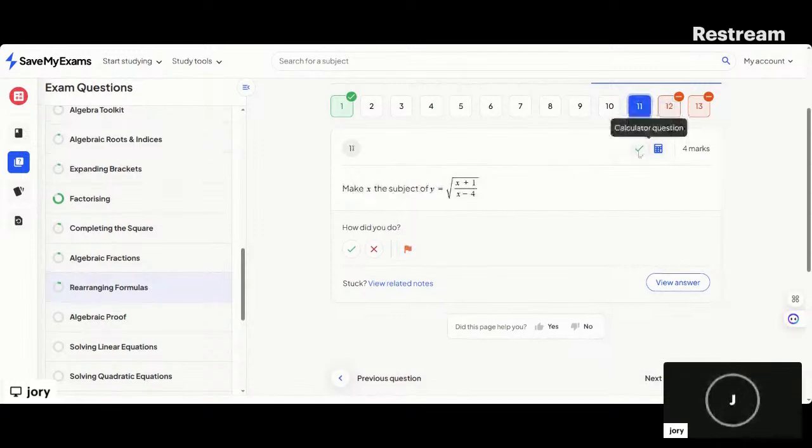Let's try this one. Make x the subject. y squared equals (x plus 1) over (x minus 4).